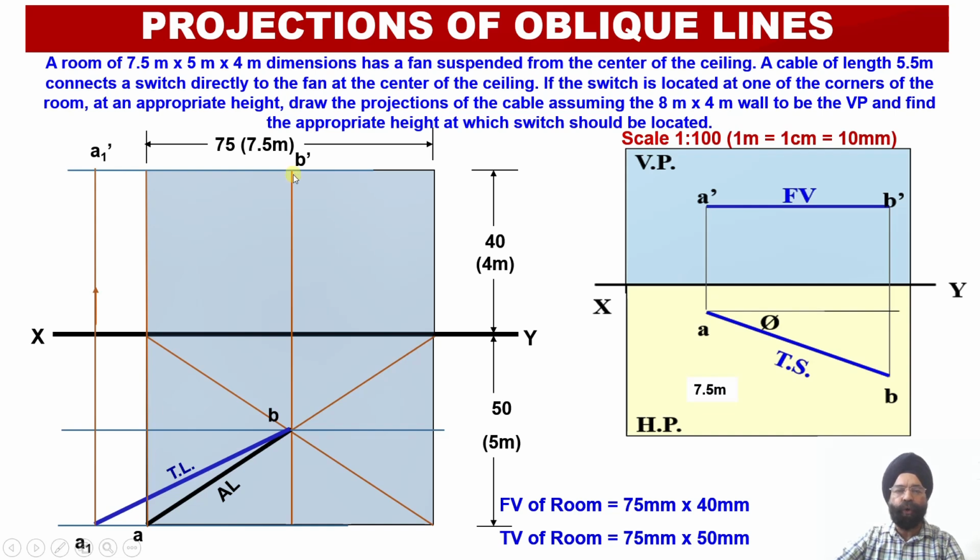Now what we need to do, I know that A point lies here, A dash point will be lying along this vertical projector line. So what I am going to do, I have got this horizontal projector line passing through points A1 dash and B dash.